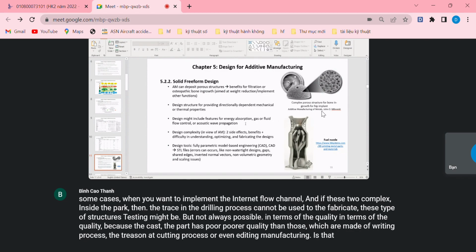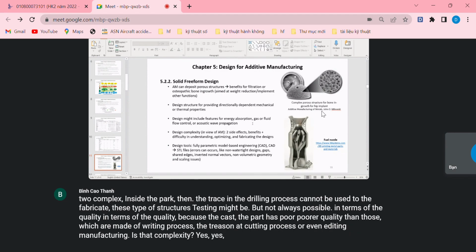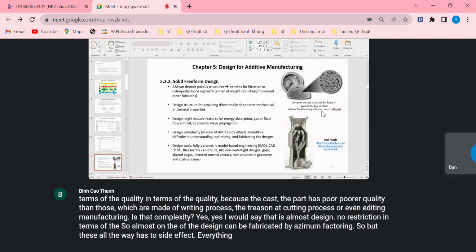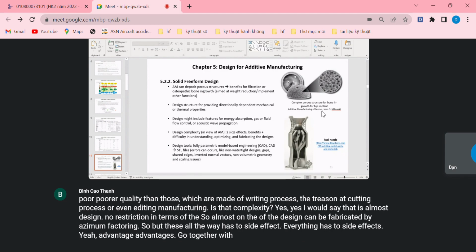Design complexity: I would say that there is almost no restriction in terms of the design. Almost all designs can be fabricated by additive manufacturing. But this always has two side effects. Everything has two side effects. Advantages go together with challenges or difficulties.